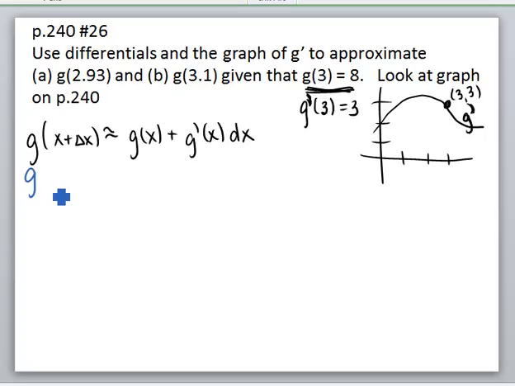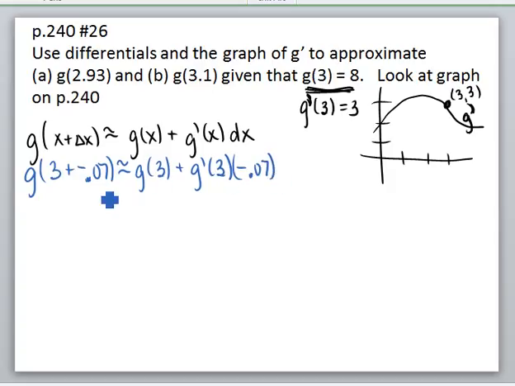I'm going to say g of 3, because that's the only information I have. G of 3 plus, this would be a negative 0.07, is approximately equal to g of 3 plus g prime of 3. And my dx is the same as my change of x, so negative 0.07.